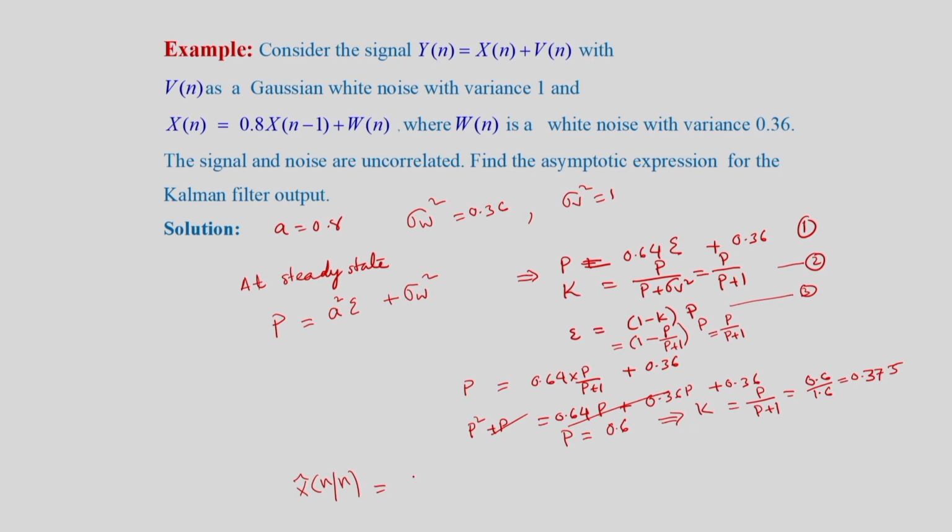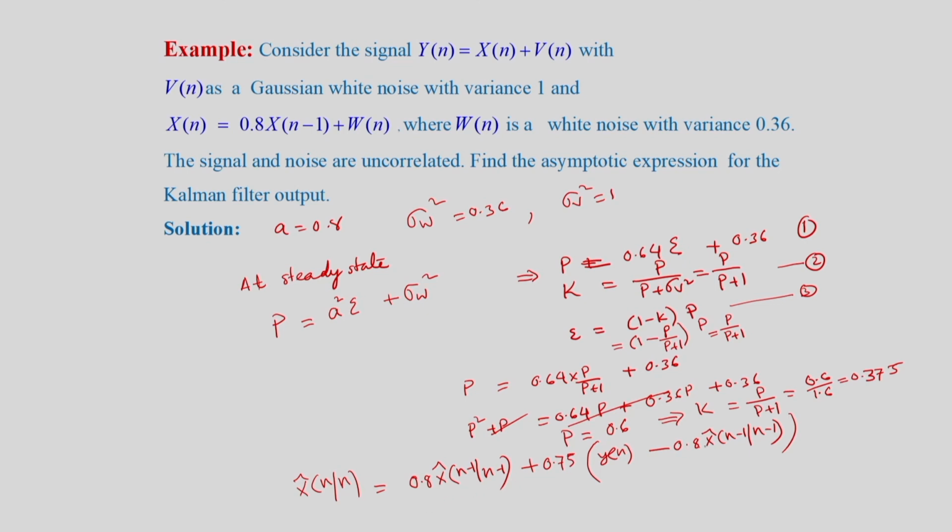The predicted value is A, which is 0.8, times x hat of n minus 1 given n minus 1, plus the Kalman gain 0.375 into the innovation part, which is y n minus 0.8 into x hat of n minus 1 given n minus 1, and we can bring this here.